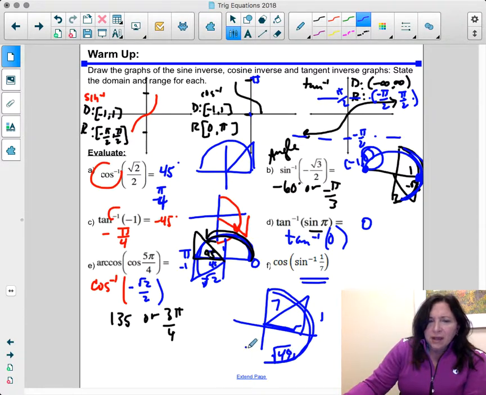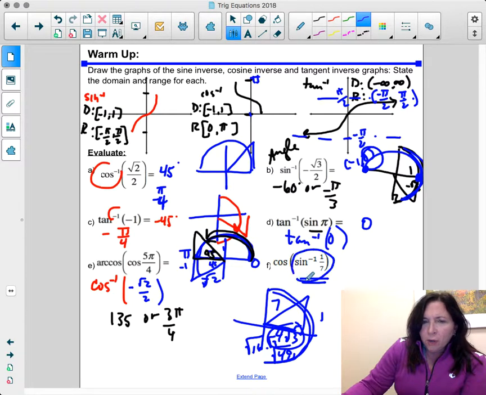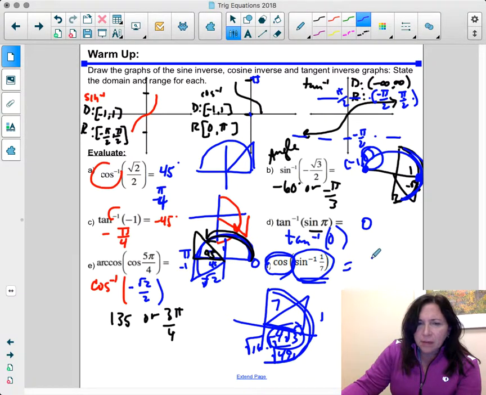Square root of 48 is actually 16 times root 3, which is 4 root 3, okay? Once we found that, then we can find what cosine is. Cosine is adjacent over hypotenuse, so the answer is going to be 4 root 3 over my hypotenuse, which is 7.